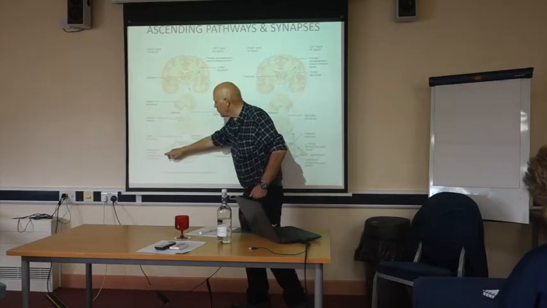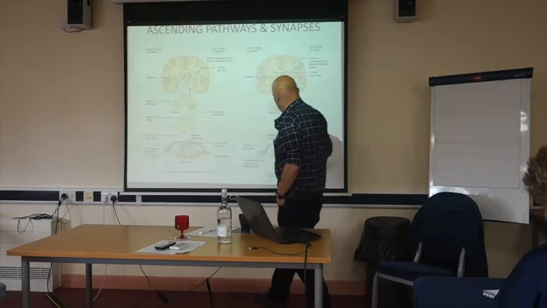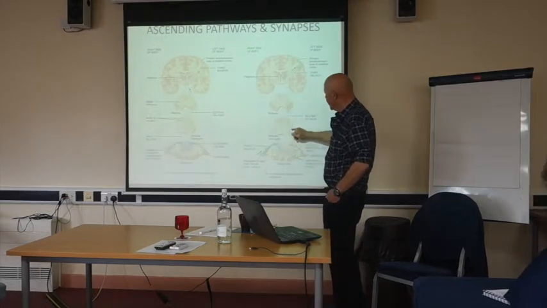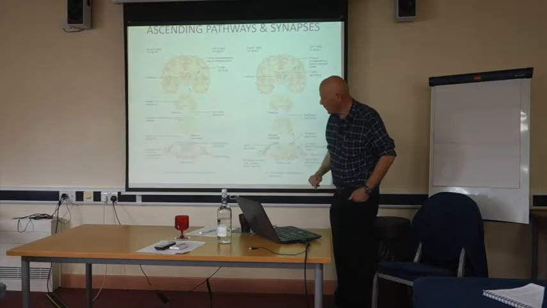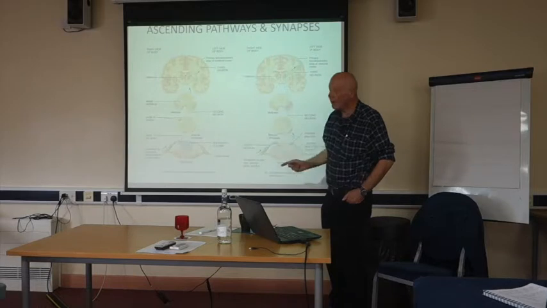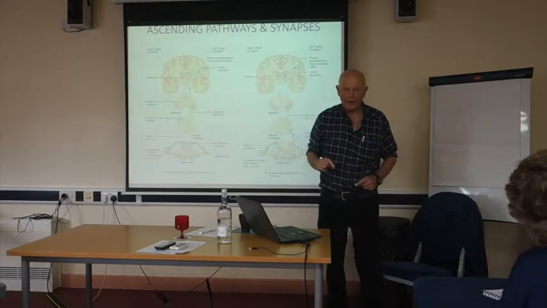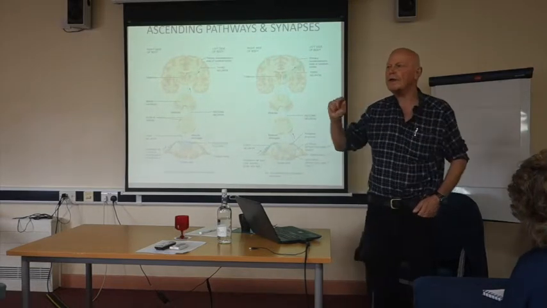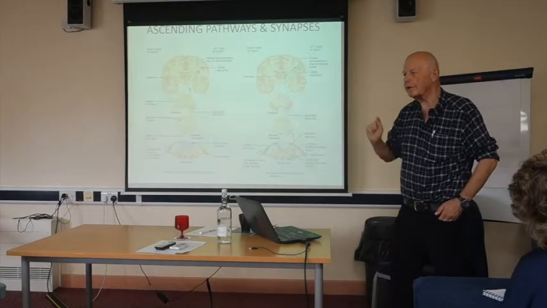So those modalities would be spared and those would be affected. And then of course you'd have to consider the other side of the body, as well. So you might get the dorsal columns on one side and the spinothalamic on the other side.